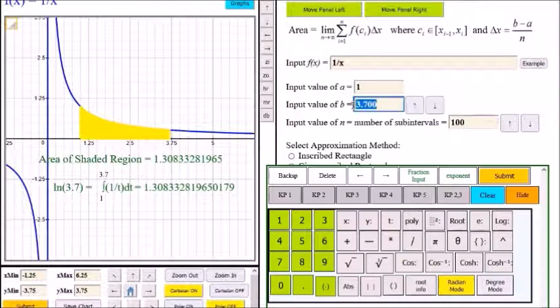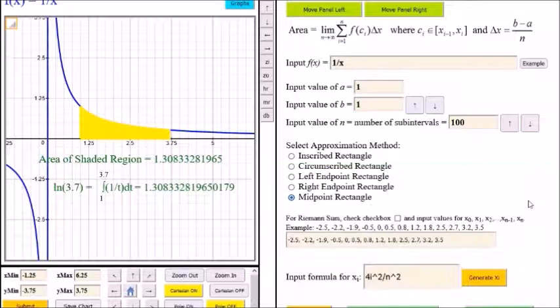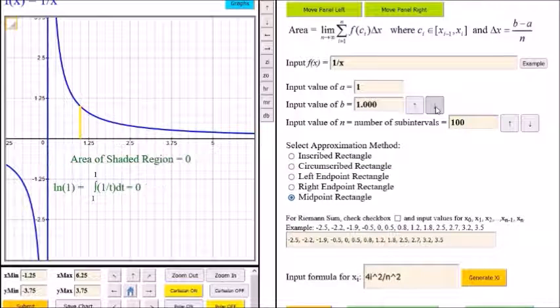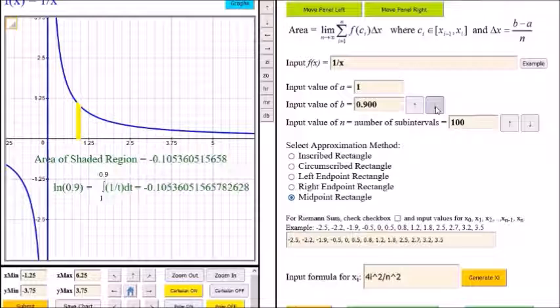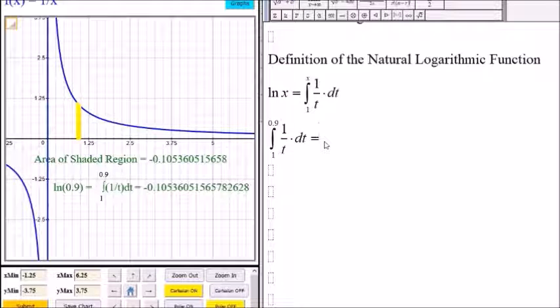And then for area before 1, this is the area from 0.9 to 1. Recall that if we switch the upper limit of integration and the lower limit of integration, then we have to put a minus sign in the front.